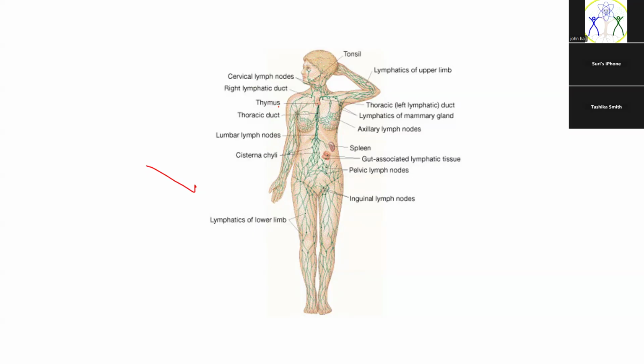So for example, the thymus, thoracic ducts, lumbar lymph nodes, cisterna chyli, spleen, the gut-associated lymphatic tissue, like the Peyer's patches, pelvic lymph nodes, inguinal nodes. These are all very important. Of course, tonsils, cervical lymphatic nodes, they're all important to know, right? So please remember that. Pretty much everything here is important to know.